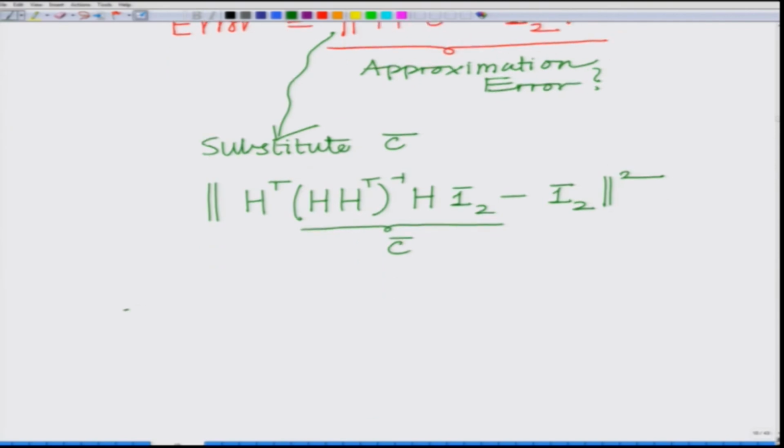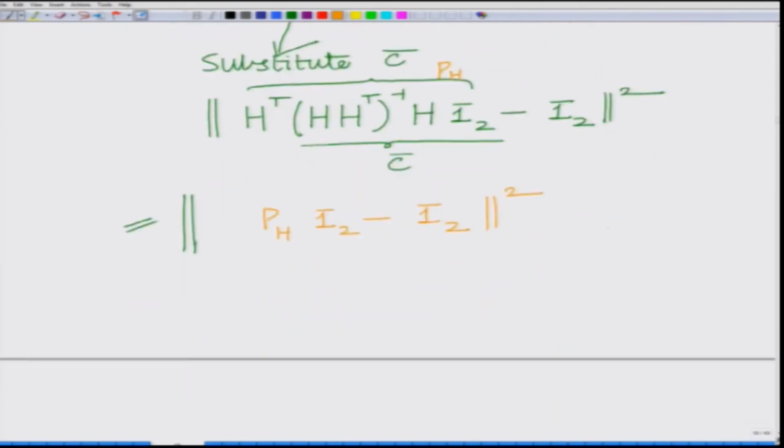Now, I can write this as the norm of, let us denote this whole matrix by the quantity pH. I can write this as pH times this vector 1 bar 2 minus 1 bar 2, norm square, and this pH will have an important role to play.